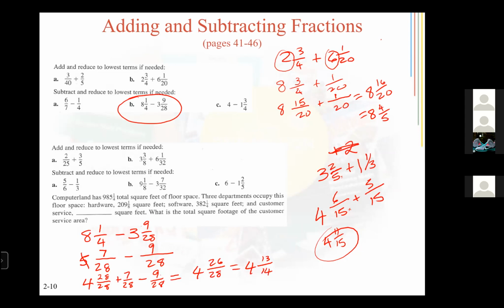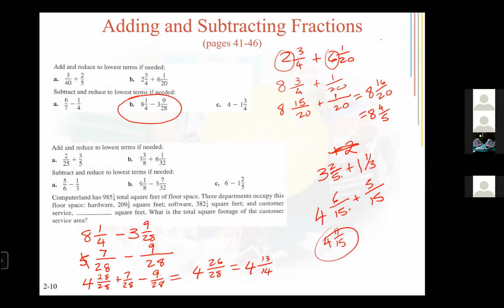So not every subtraction requires you to do that borrowing. It only happens when you have to subtract a larger numerator from a smaller one, then you could borrow from the whole number. Whenever you borrow from the whole number, you have to change it using the same base as the other fractions you're dealing with.